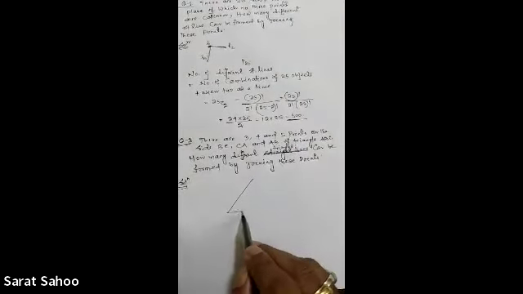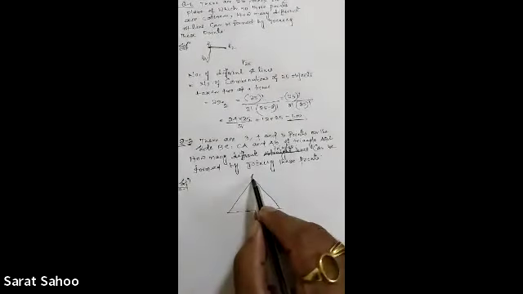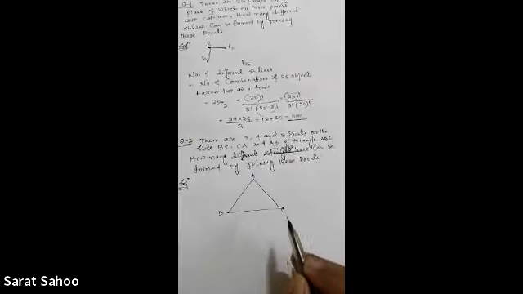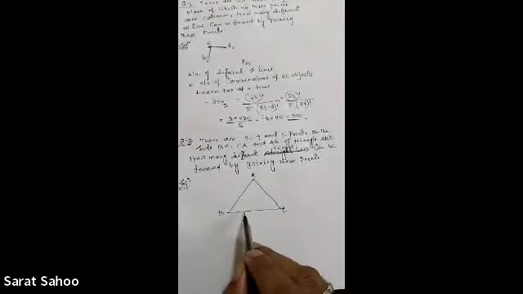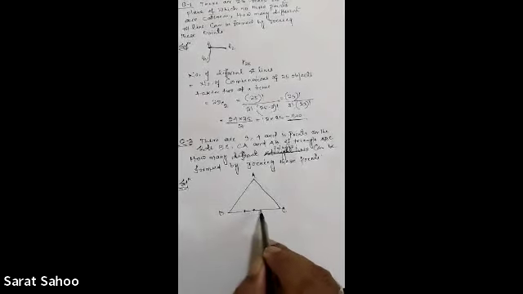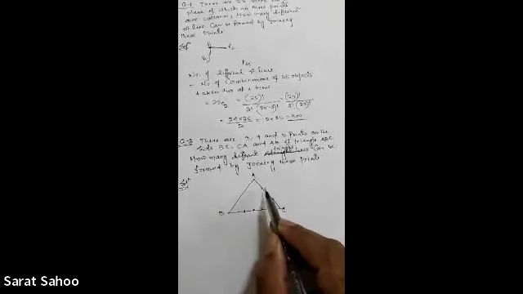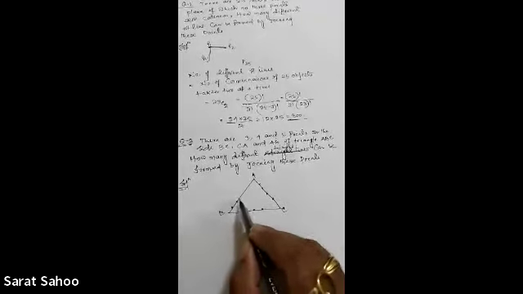This is triangle ABC. This is vertex A, vertex B, vertex C. BC contains 3 points. CA contains 4 points. And AB contains 5 points.